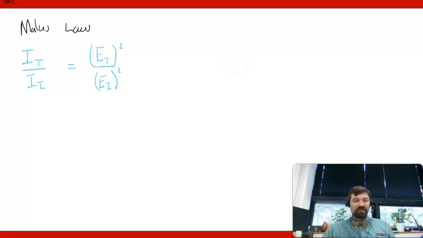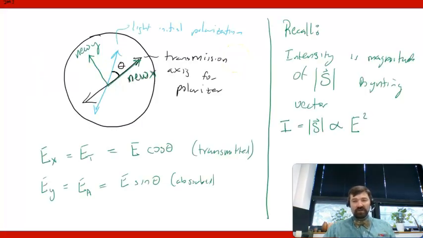Well, I'm just making use of what I know here, that I is proportional to E squared. This is the same thing as saying that I1 over I2 must be E1 over E2, both squared. Everything else in the I equation is a bunch of fundamental constants that will be the same for I1 and for I2, and so when you do this ratio, those constants will cancel.